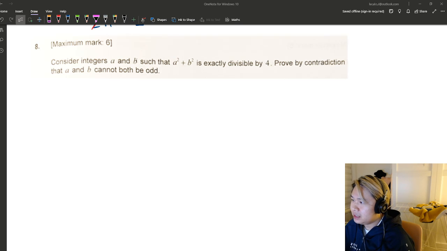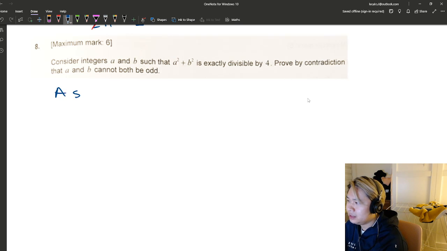Okay, integers a, b. When you square them both and add them together, it will be divisible by 4. Prove by contradiction that a and b cannot both be odd. Okay, so we're going to assume that they are odd. So a and b are odd.